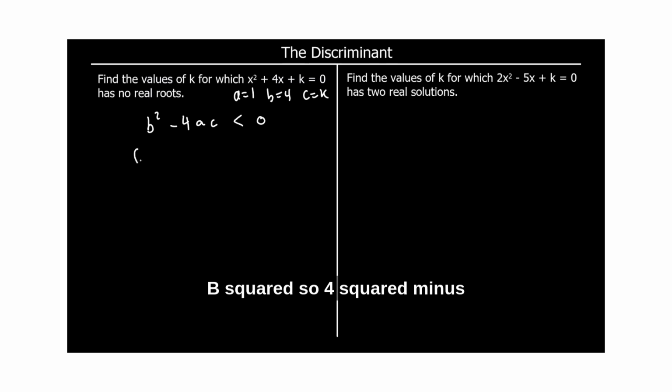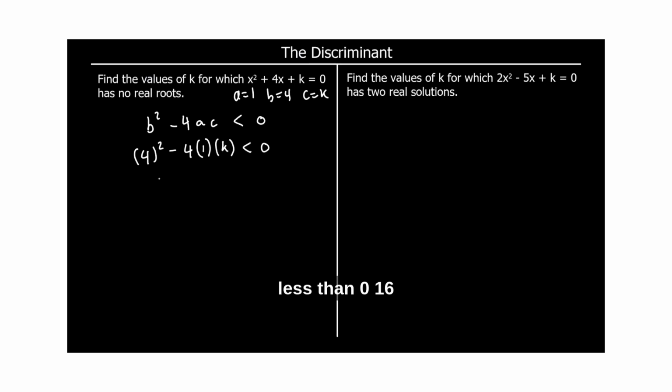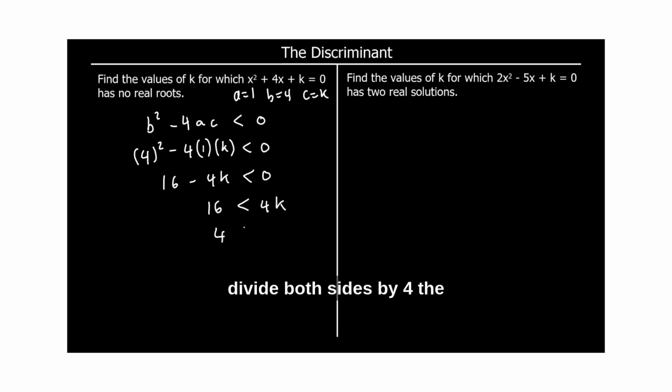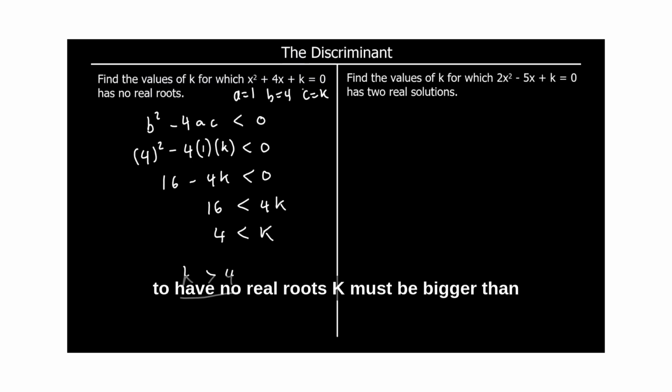So 4 squared minus 4 times 1 times k is less than 0. 16 minus 4k is less than 0, plus 4k to both sides, and divide both sides by 4. So k must be greater than 4. In order for x squared plus 4x plus k to have no real roots, k must be bigger than 4.